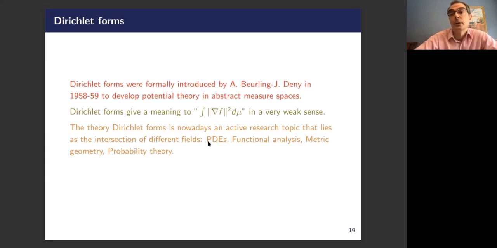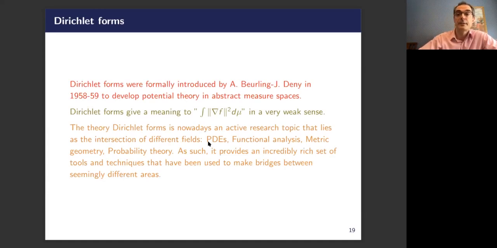It appears in functional analysis, and this is actually the origin of the theory of Dirichlet forms. It can be used in metric geometry, and is also closely connected to probability theory. Actually, Dirichlet forms have been studied by probabilists for more than 30 years now, due to their very close connection with the theory of Markov processes.